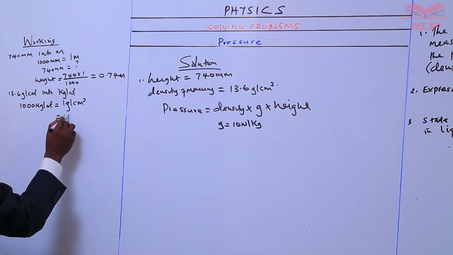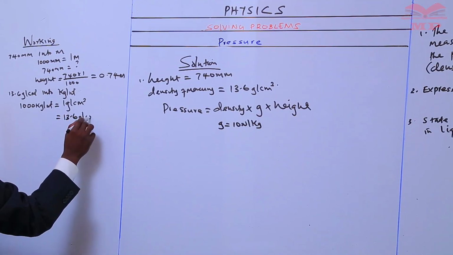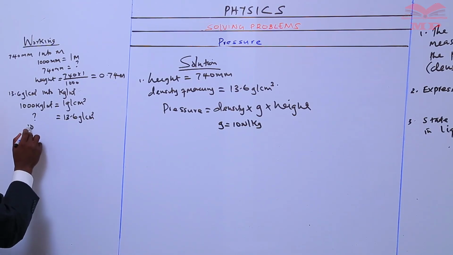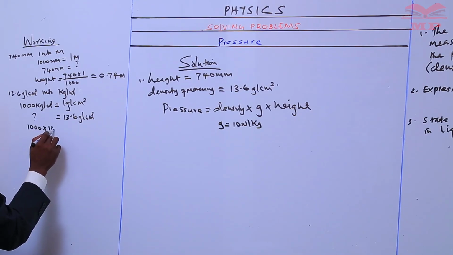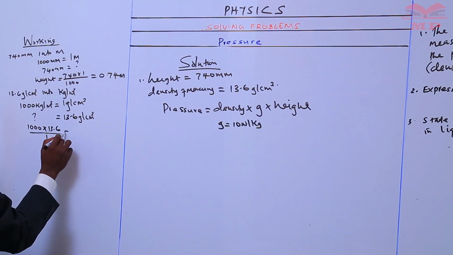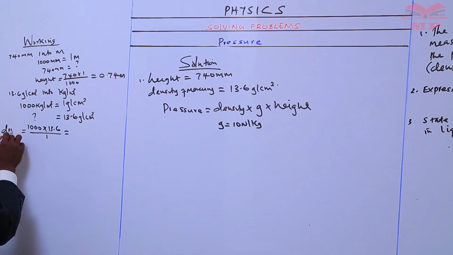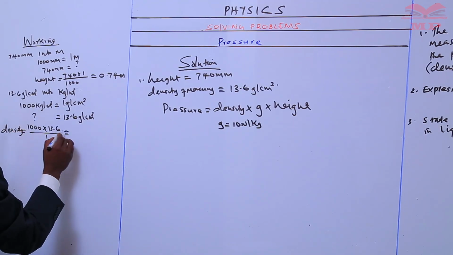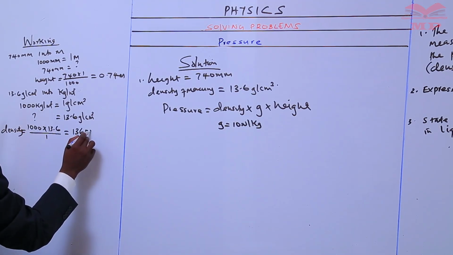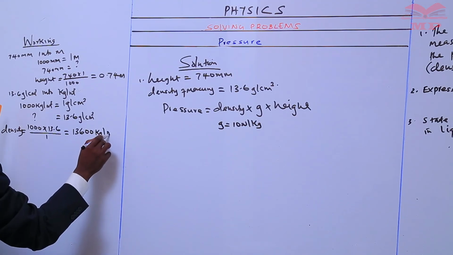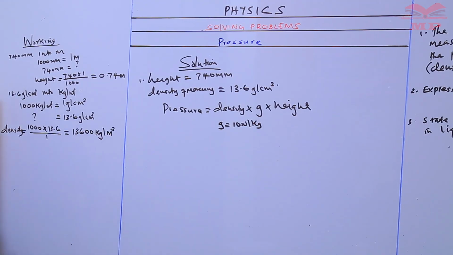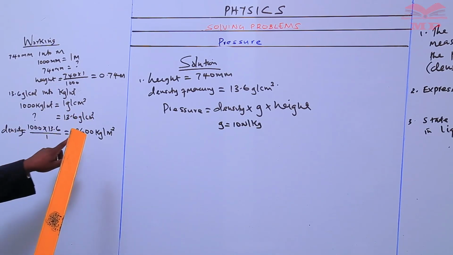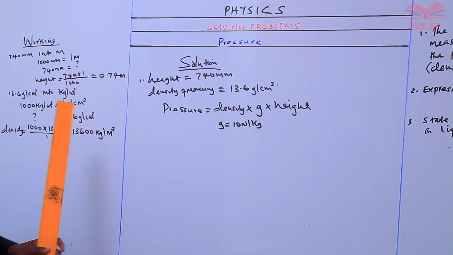So what about 13.6 grams per centimeter cubed? If I cross multiply, I have 1000 times 13.6, then divide by 1. This is my density, giving me 13,600 kilograms per meter cubed. So I have height in the SI unit and density in the SI unit, and I just substitute in my formula.